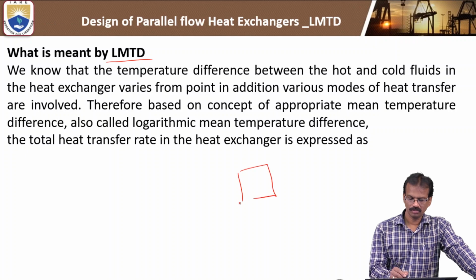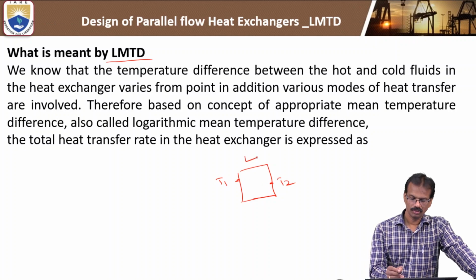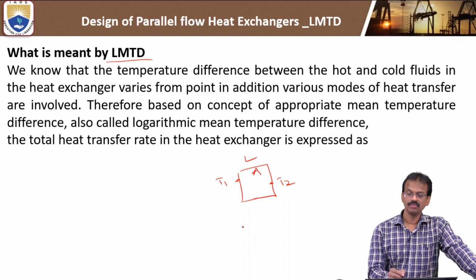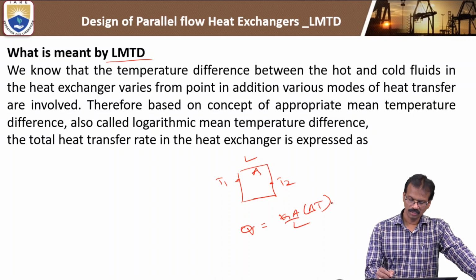If you take any homogeneous body, the temperature is T1 on one side and T2 on the other, thickness is L, area is A. In this condition, the formula for the rate of heat transfer Q is equal to kA delta T by L. This is the conduction formula.